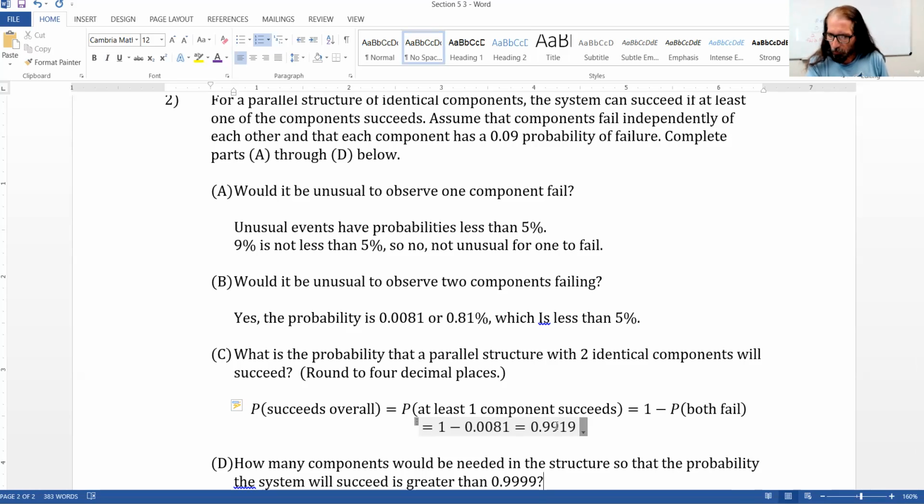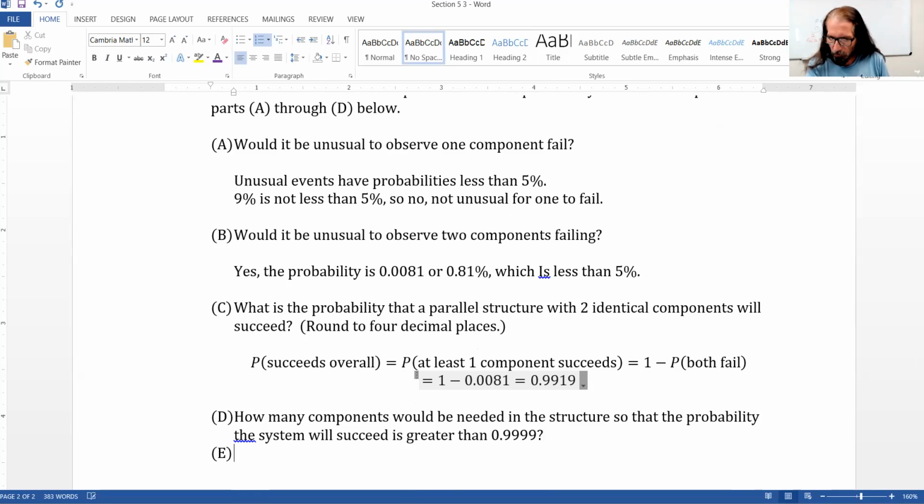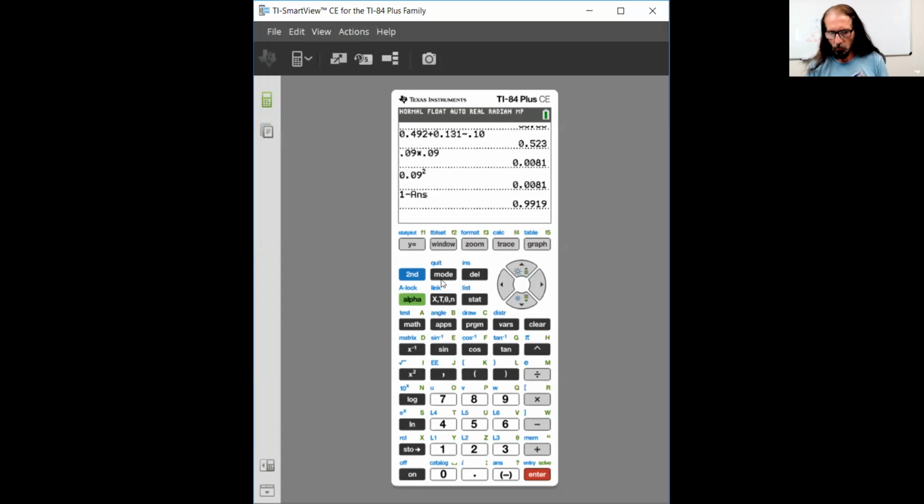Okay, how many components would be needed in the structure so that the probability that the system will succeed is greater than 0.9999? I suspect that what they are looking for here is a short amount of trial and error. So we've got something pretty close to 0.9999 when there were 2 of them.